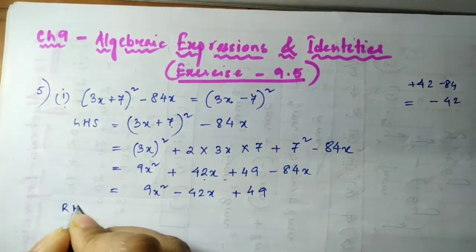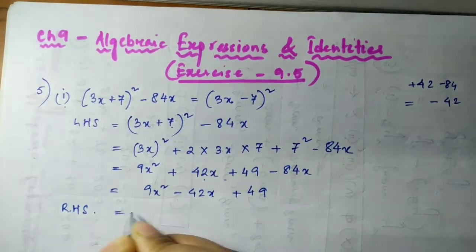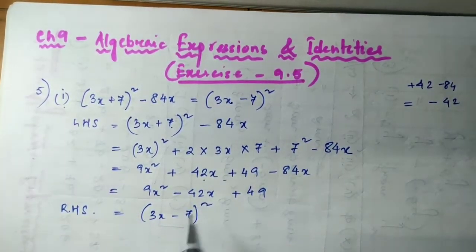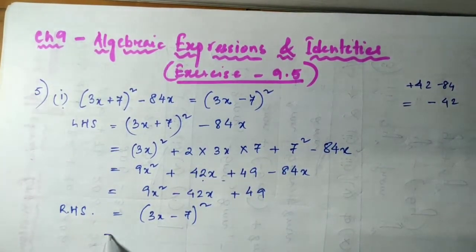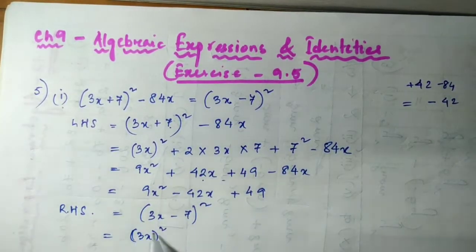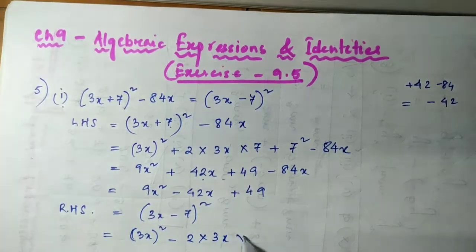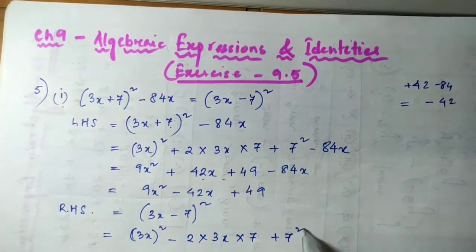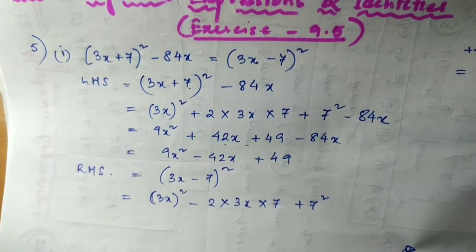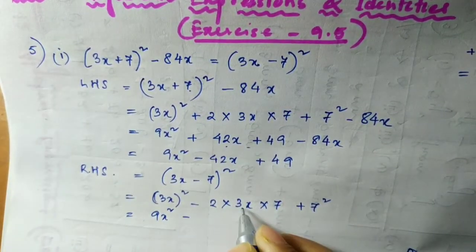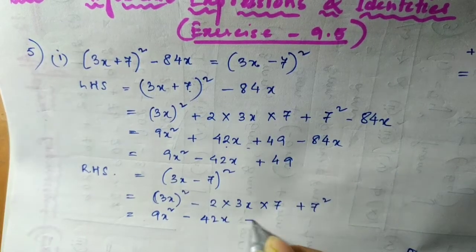Now let's continue with the right hand side part. What is given in the right hand side? This (3x − 7)². Now it is in the form (a − b)², where this is my a and this is my b. So a², please give the bracket on the whole of 3x squared, not only 3x, minus 2 into a into b plus b². Now let's solve this one. When I solve this one, I'll get 9x² minus 2 × 3 × 7, that is 42x, plus 49.